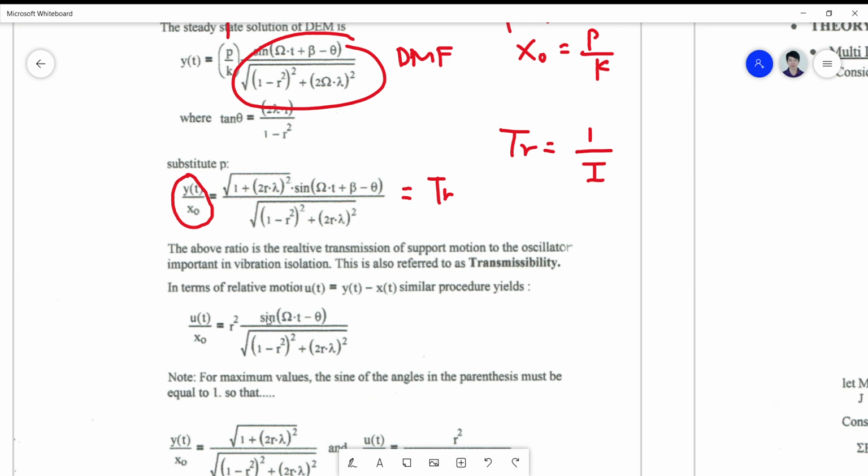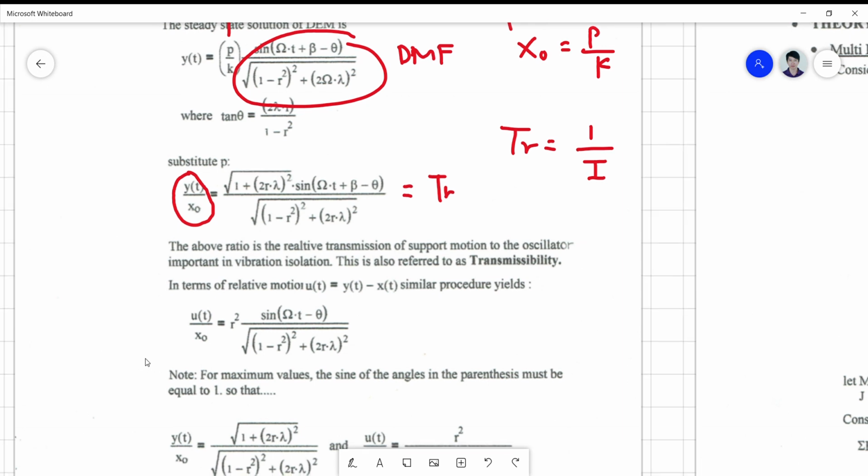So this is now in a simpler format. The denominator remains unchanged, but the numerator is a little bit simpler. Here we are looking into the absolute transmissibility, while this is a relative transmissibility.